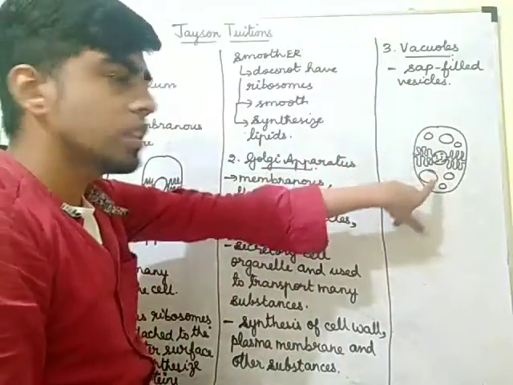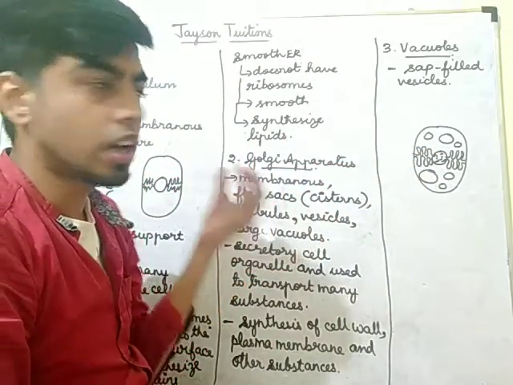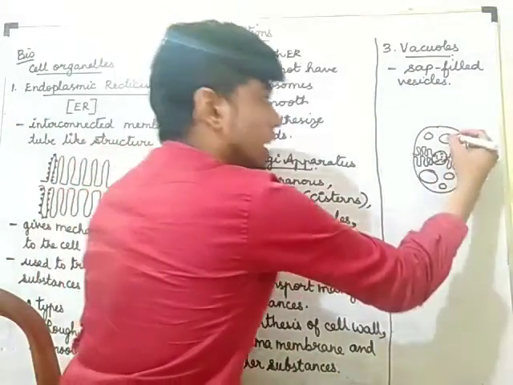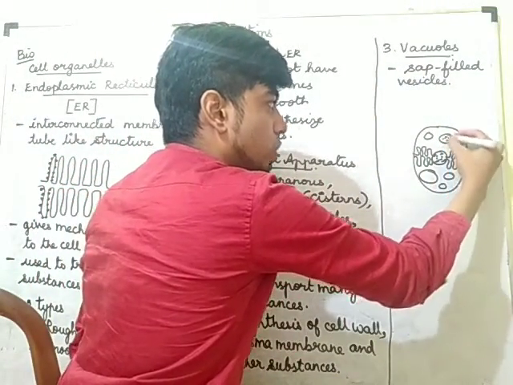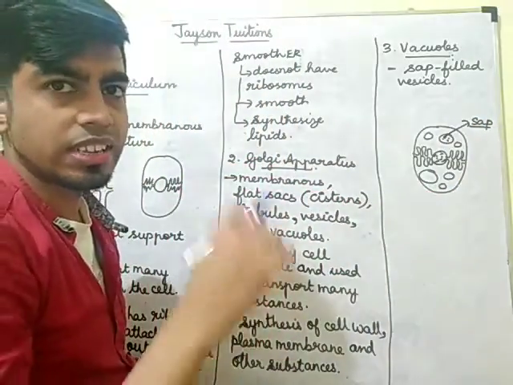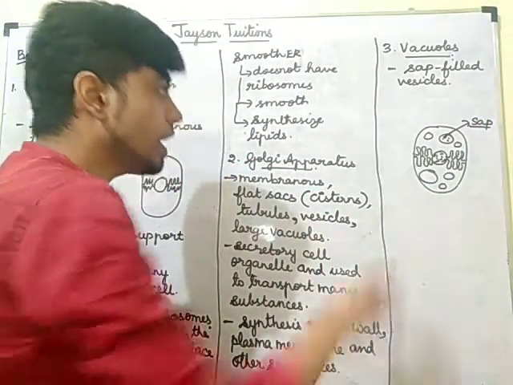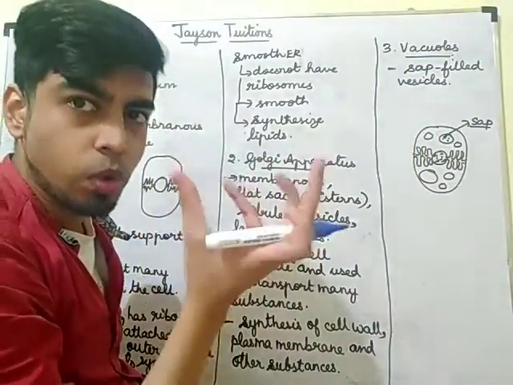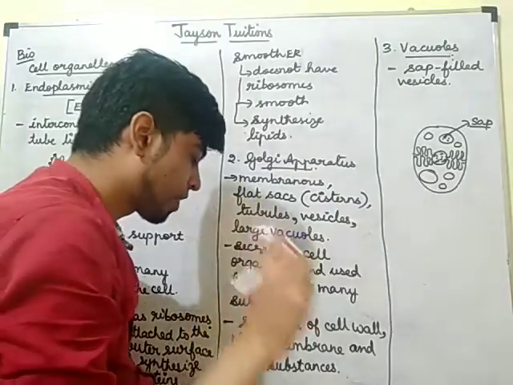So these hole like structures are called as what? Vacuoles. So what is filling in this hole? This hole is filled with a substance called sap. So they are sap filled vesicles, like holes which are filled with sap.